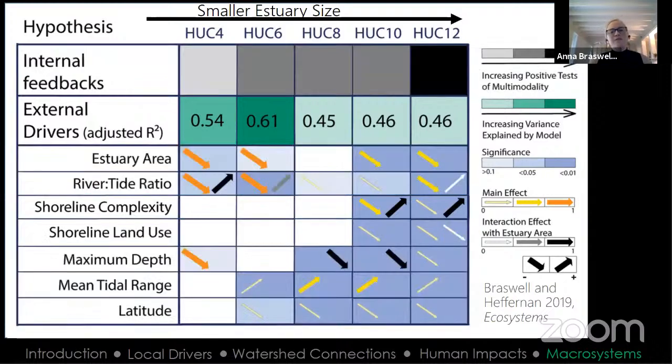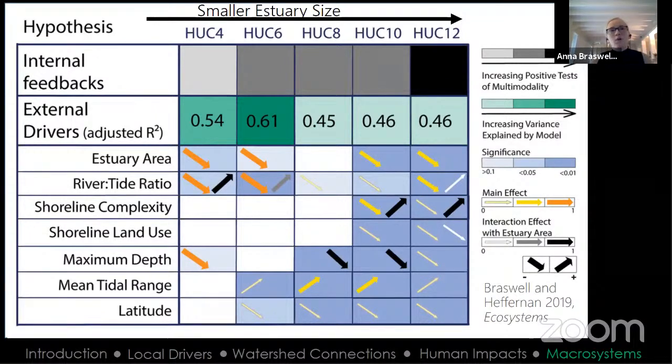So when we look at this, we see really complex things happening. I'm not going to try to take you through the whole thing and all of our variables, but I will say that larger scale variables that you would expect to operate at the bigger areas, such as estuary area and river to tide ratio, are operating at these large estuary scale sizes, meaning that there are large portions of the coastline that have these drivers that are going to affect your wetland extent, whereas more local drivers of wetland patterns are happening at the smaller scale size.